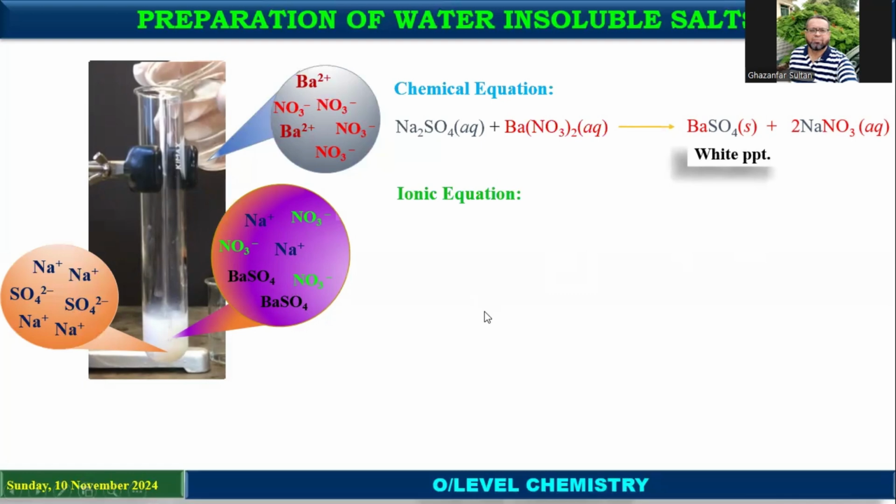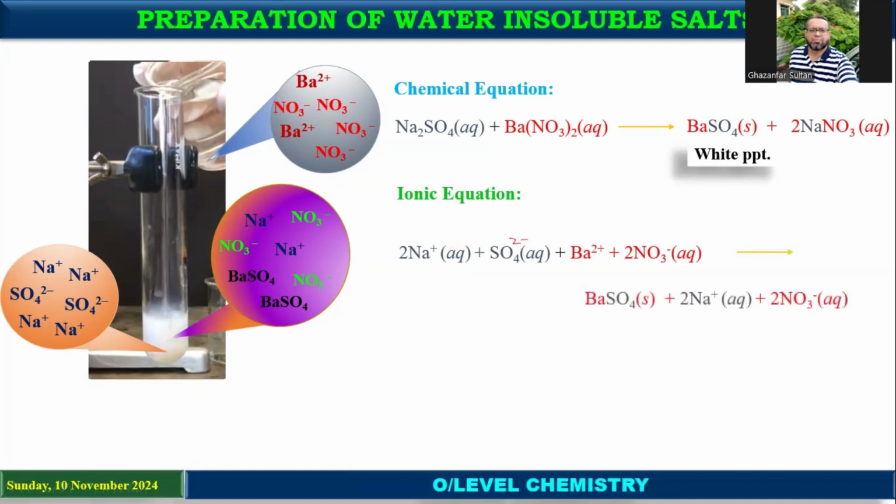Now when you are going to write the ionic equation, the rule is the same. What to do? We will write all the ions together. It should be 2 minus. I think I forgot this. See, so what happened?